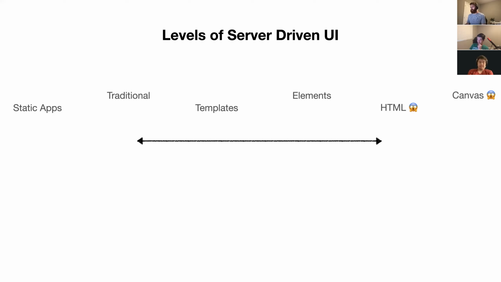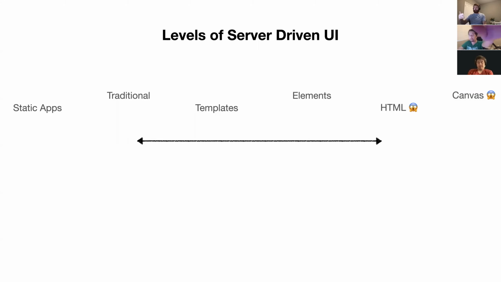And then you go a little bit further to the right and you have templates where you have like specific, like predefined UIs that the server is capable of telling the front end to display. Like maybe you display a title item that has a title and a subtitle.